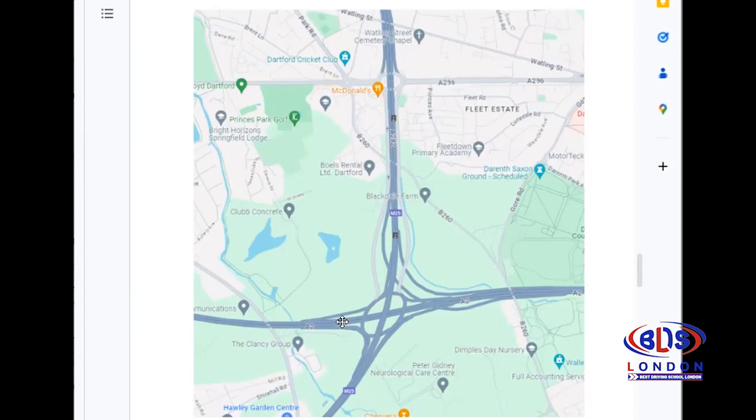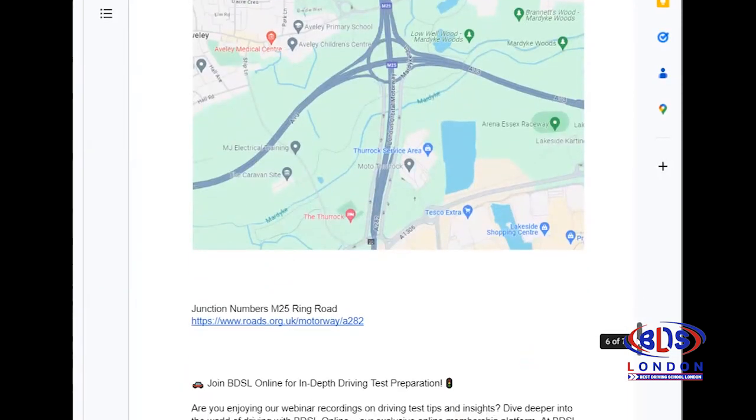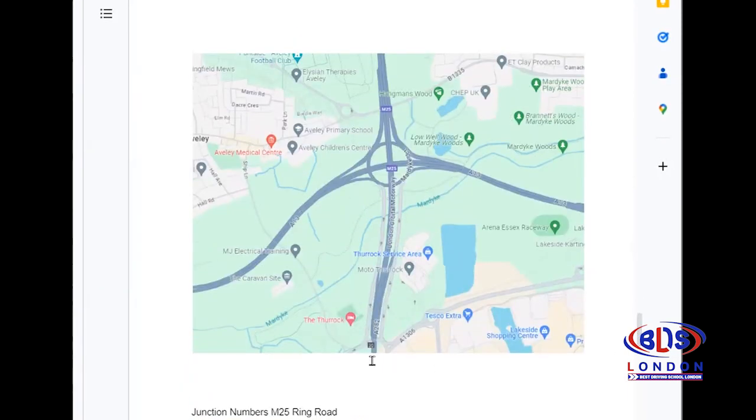At the junction where the A2 crosses the M25, if you go north on the M25 towards Dartford crossing, it becomes the A282. Then as you go across the river, it's the A282. And then on the northern side of the river, it's the A282 until you get to the A13, where the A13 crosses. And then it becomes the M25 again.